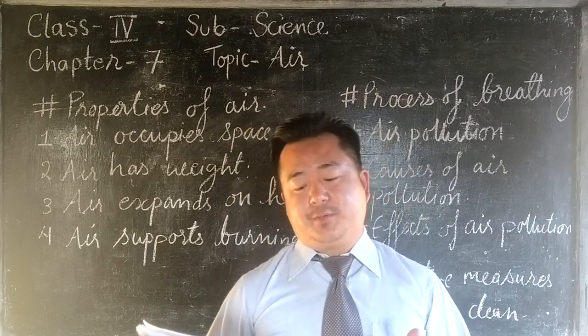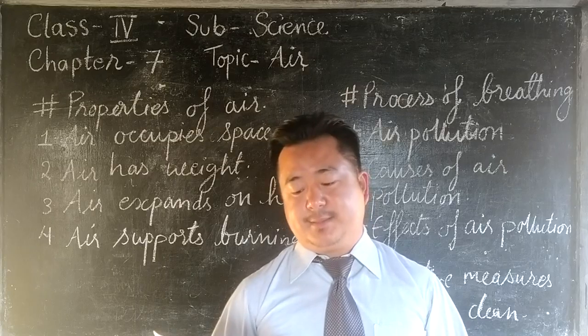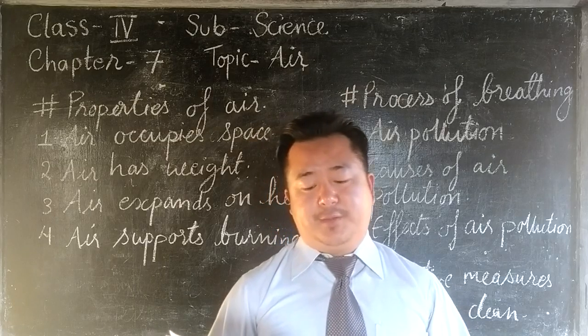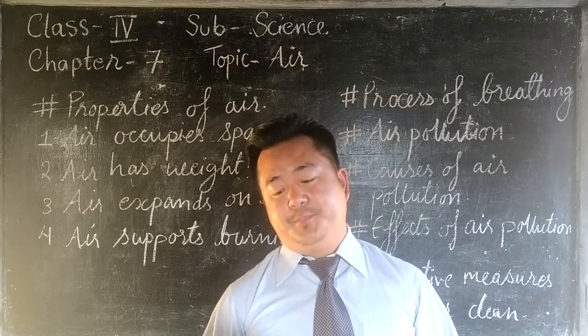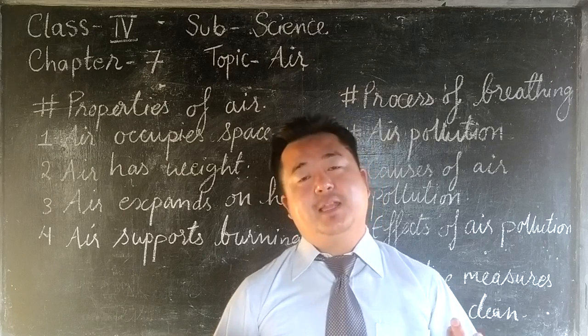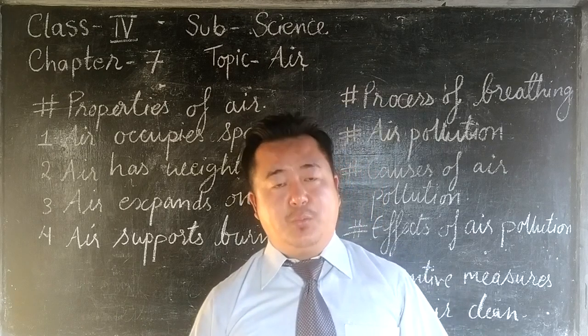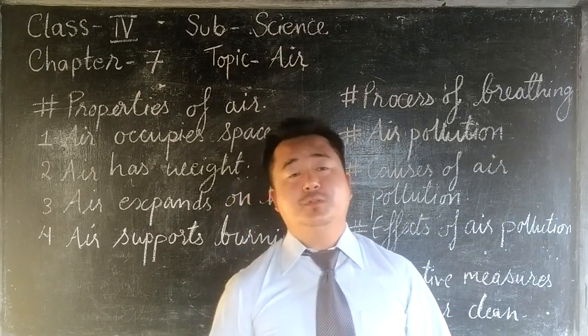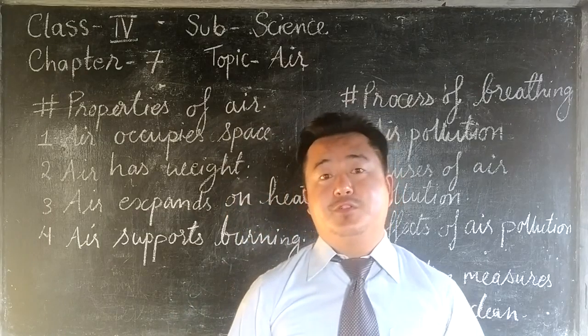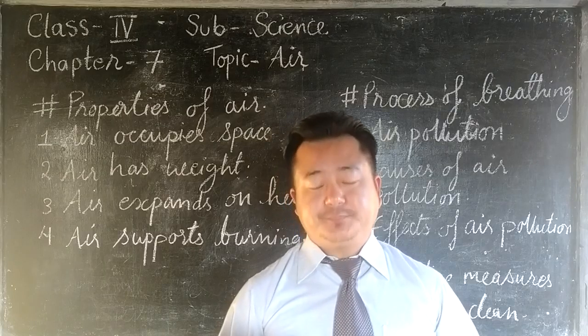Use compressed natural gas and liquefied petroleum gas as fuel for vehicles to reduce release of harmful gases. As we already know, the CNG and the LPG gas that we are using in our homes. Why? Because it is eco-friendly, as well as it controls air pollution.